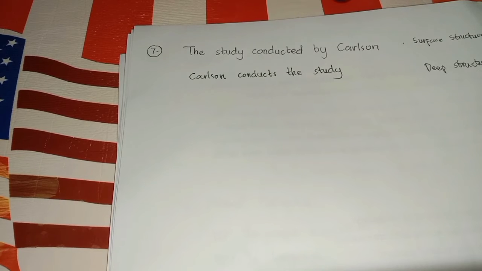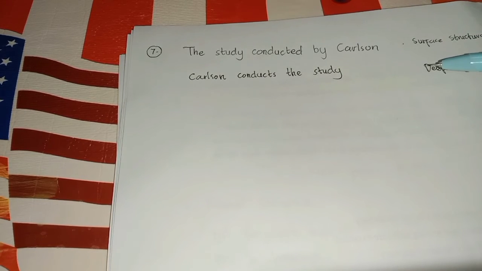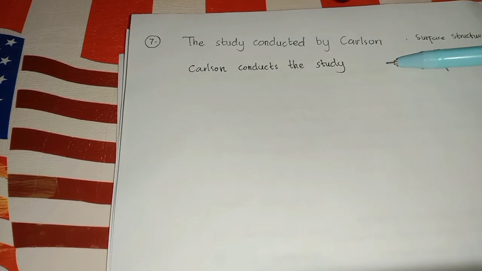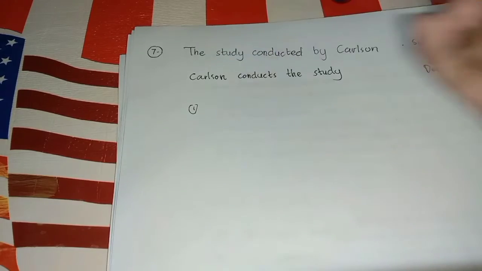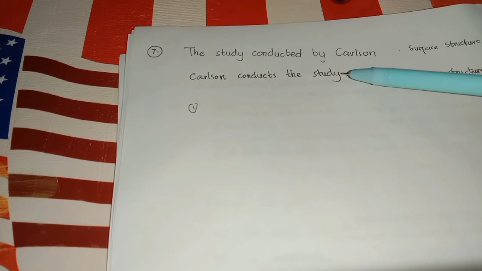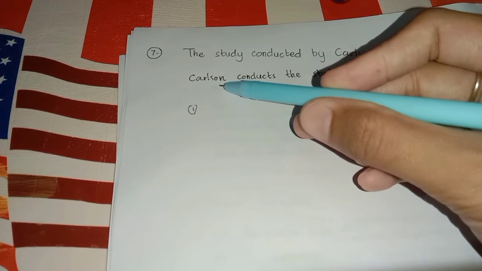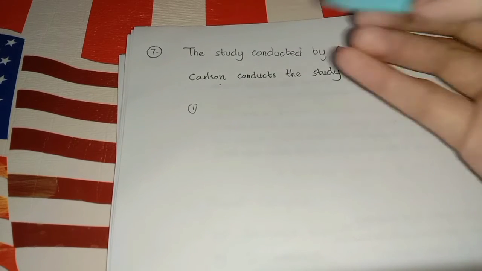In this occasion, there is transformation from deep structure to become surface structure. What are the process of this transformation? The first one is movement. Carlson is moved to the last of the sentence.